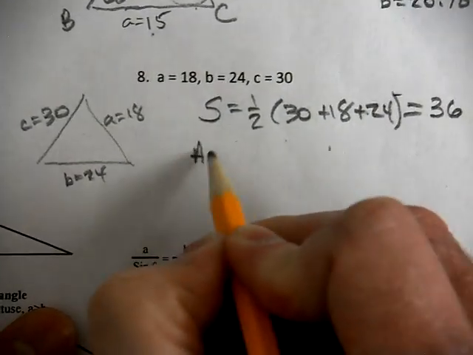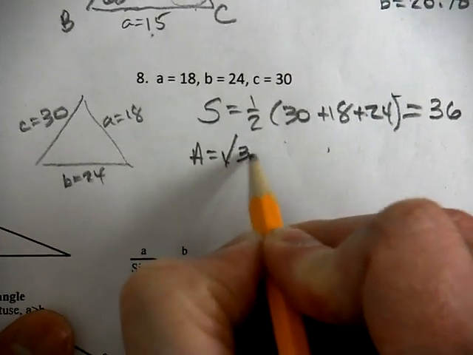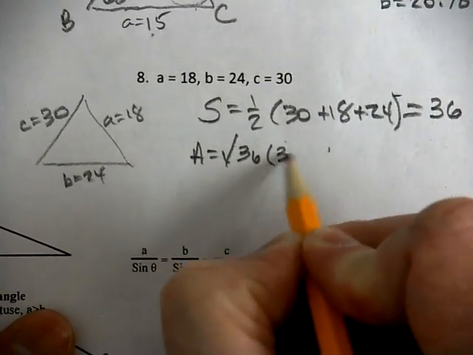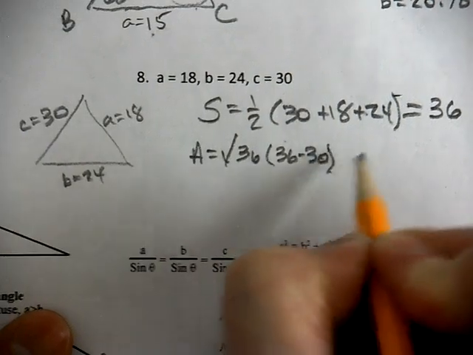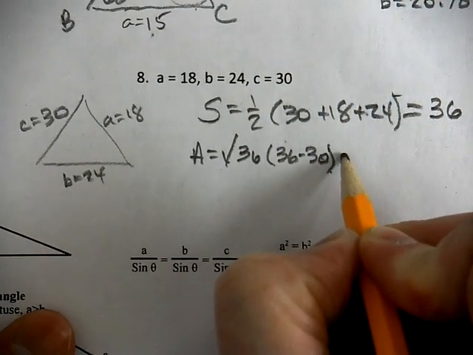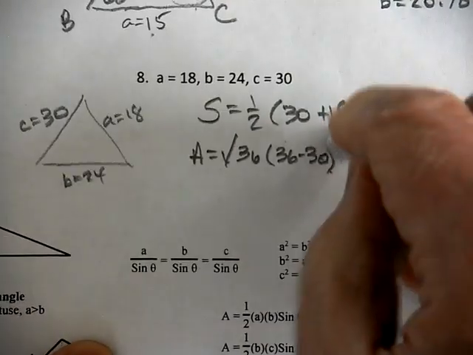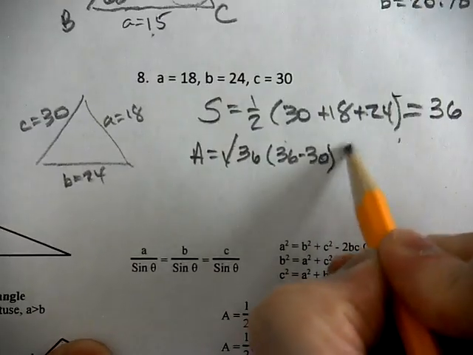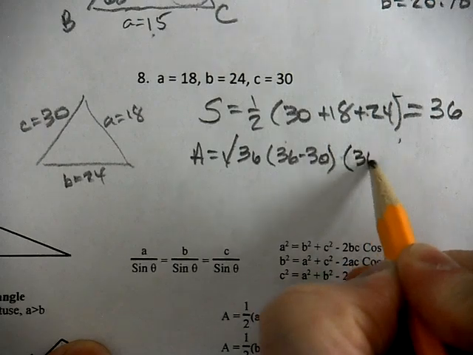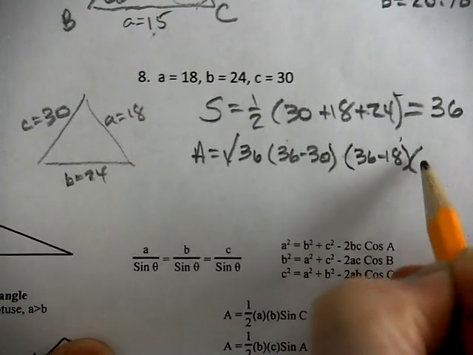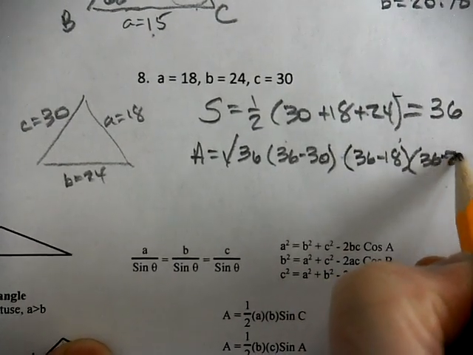So then our area is going to be 36, times 36 minus 30, times 36 minus 18, times 36 minus 24.